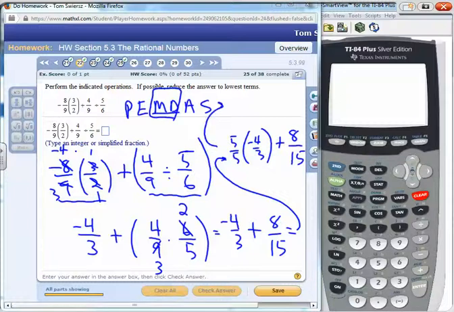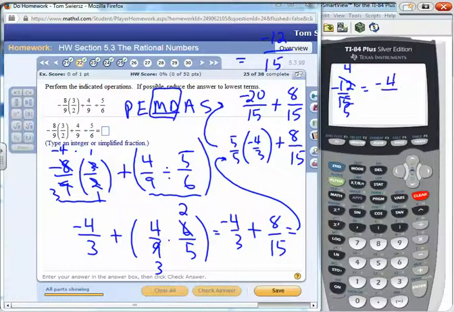So then we're going to get negative 5 times 4 is negative 20 over 15 plus 8 over 15, which finally gives us common denominator of 15, and negative 20 plus 8 is a negative 12 over 15, which reduces. 3 goes into both 4 times and 5, so we'll have a negative 4 fifths will be our final answer.